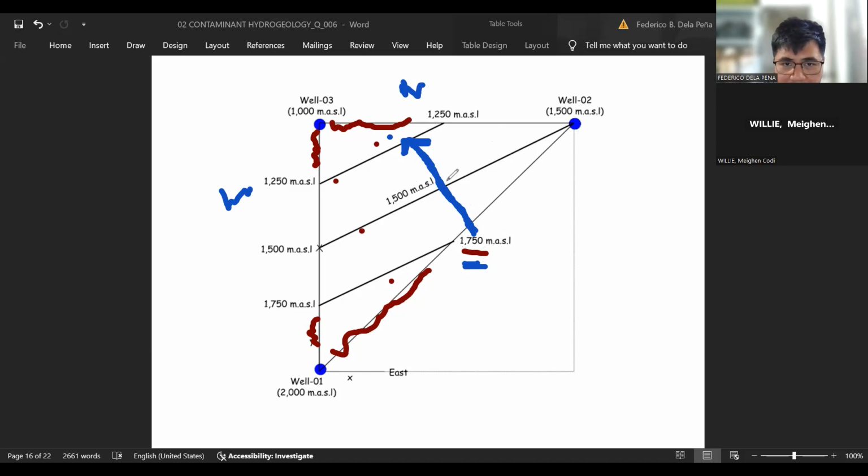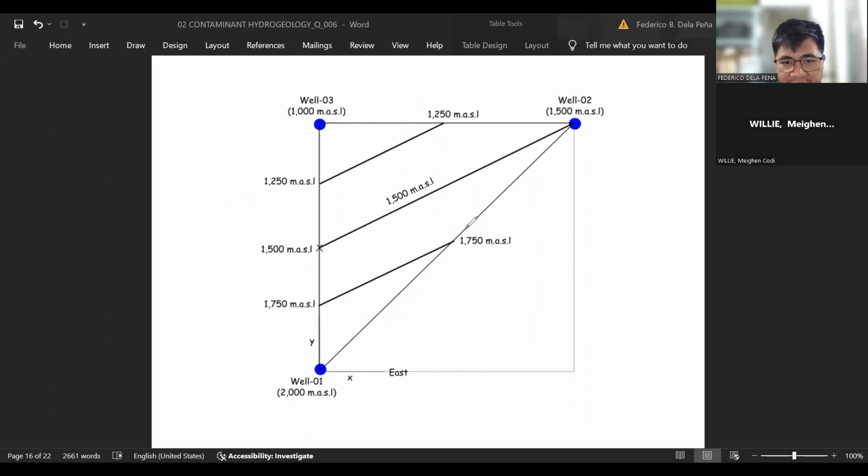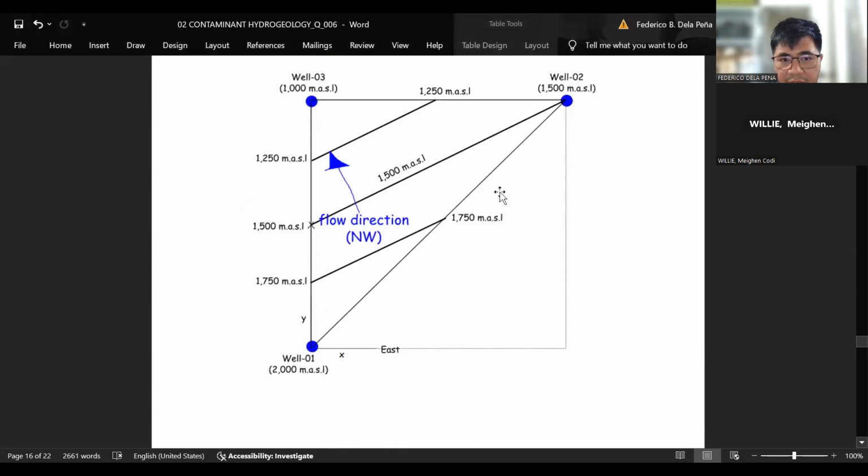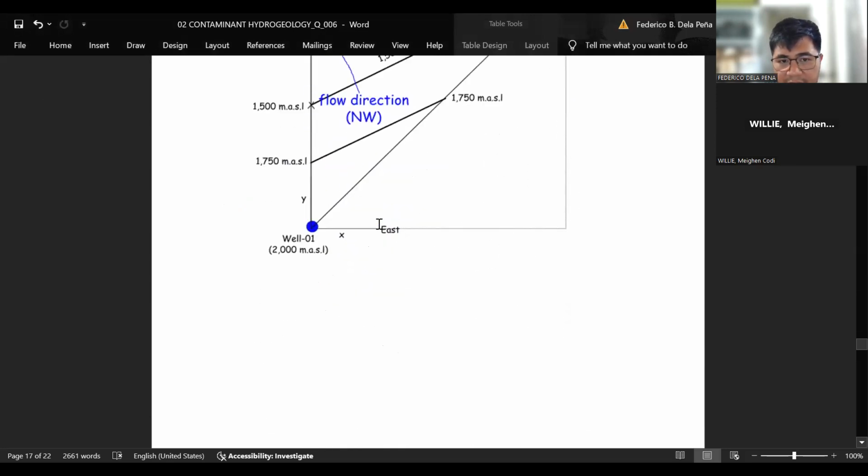So you have a northwest groundwater flow direction. At least now we know the direction of the groundwater flow. If there are contaminants in this groundwater, they will also follow the same direction. Now we can go to the other steps.